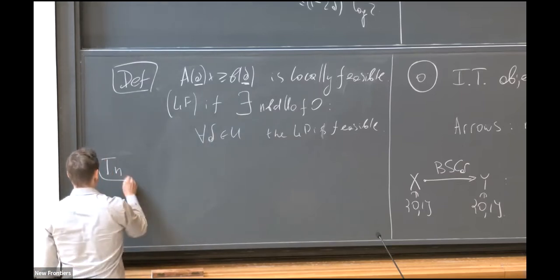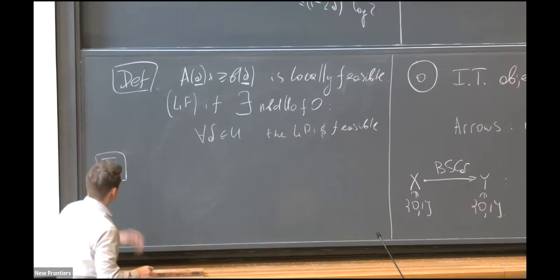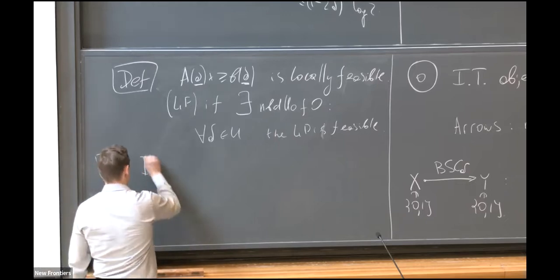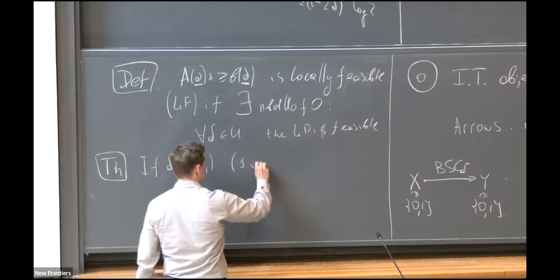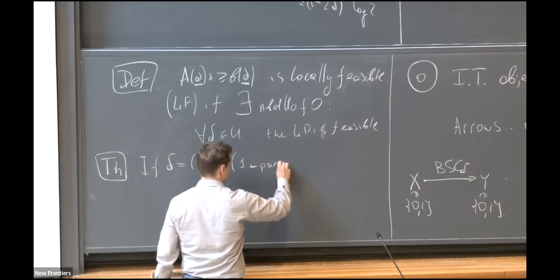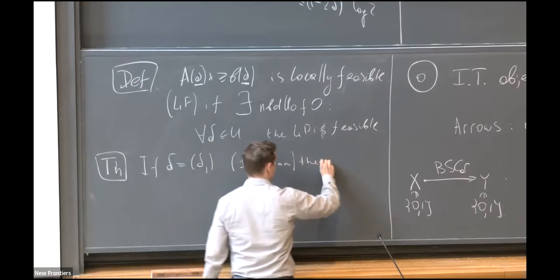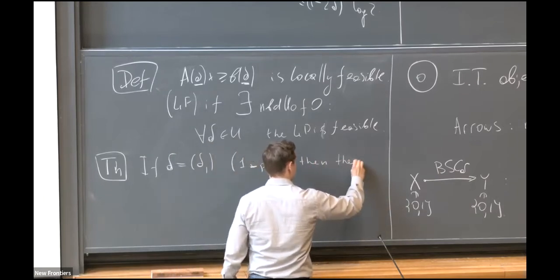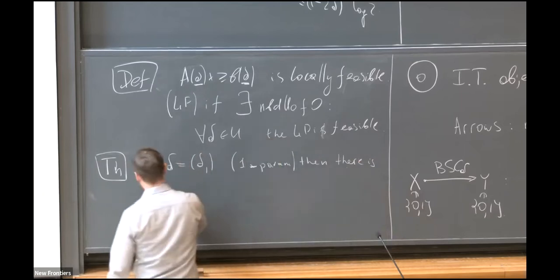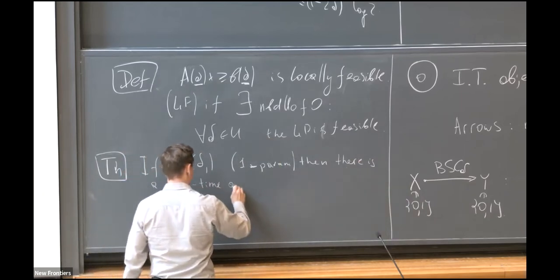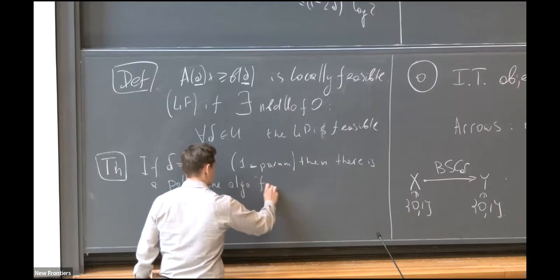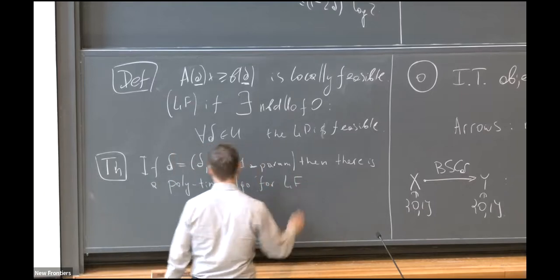Here's the fun theorem from the second paper, which I also wanted to show here. If delta has only one parameter, which is our case, then there is a cool polytime algorithm for checking LF.